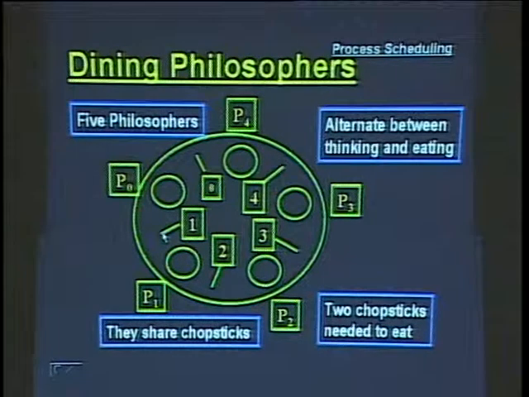Each philosopher has a chopstick on his left as well as on his right. They essentially alternate between thinking and eating. When one philosopher is thinking, the philosopher adjacent on the left or on the right can eat. But while the philosopher is eating, he will use the chopstick on his left as well as on his right, and while that philosopher is eating, no philosopher on the left or right can eat.